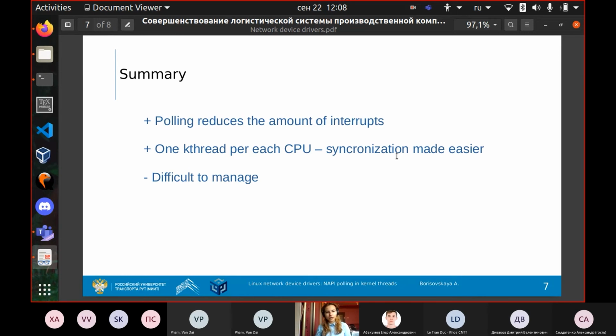In the latest versions of the kernel, the poll method was moved to the context of a kernel thread. So one kernel thread runs on each CPU, and that makes synchronization easier. Thank you for your attention.